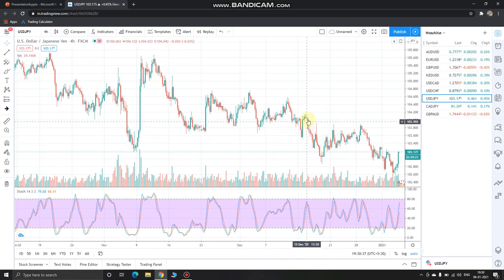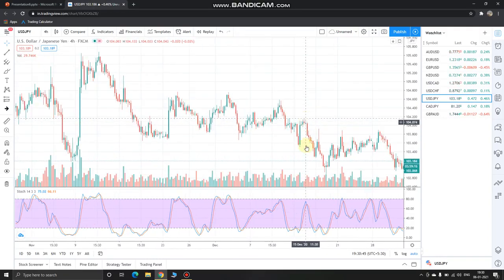Here, when market was almost in overbought zone, it started going down, and stochastic also gave us a signal that yes, market is about to go down. When market was in oversold territory, it started going upward. Stochastic also gave us a signal that yes, market has reached the oversold zone and it's time to go up.